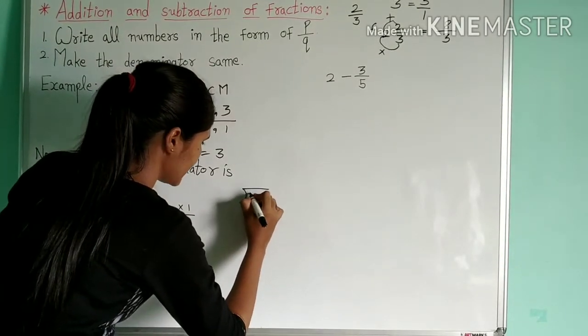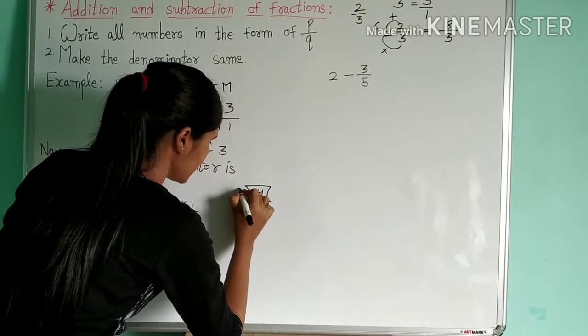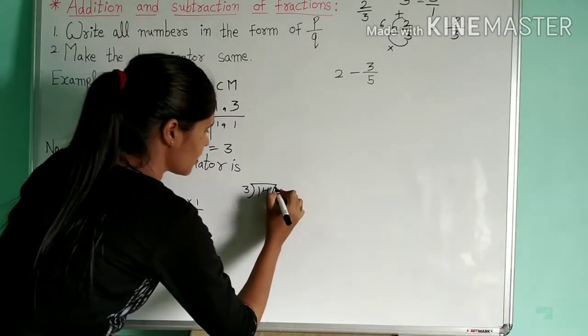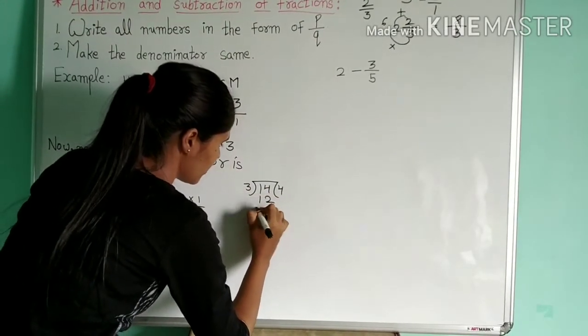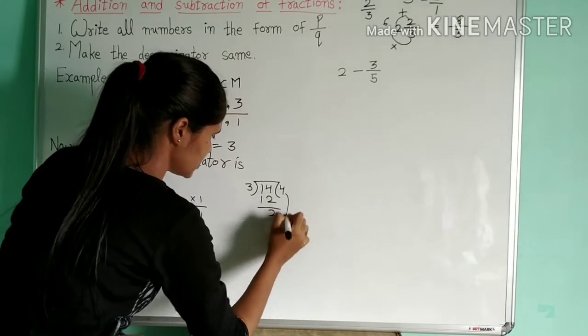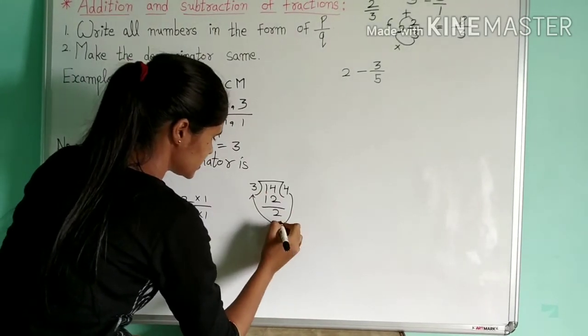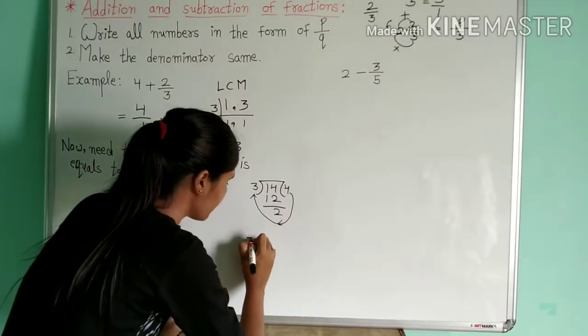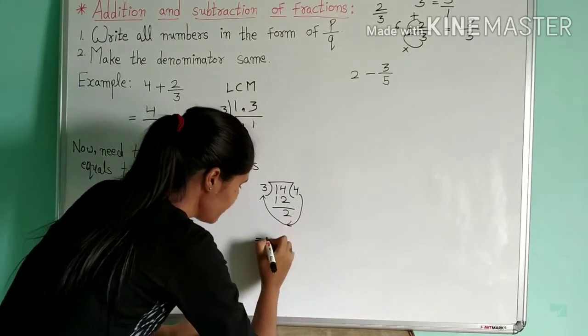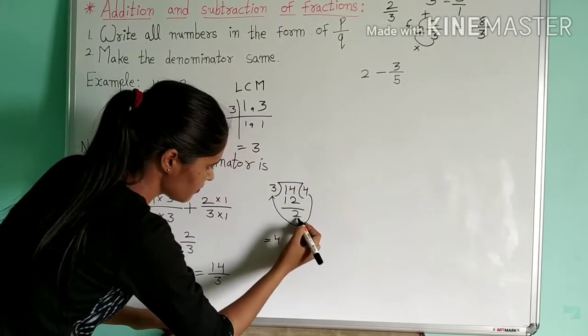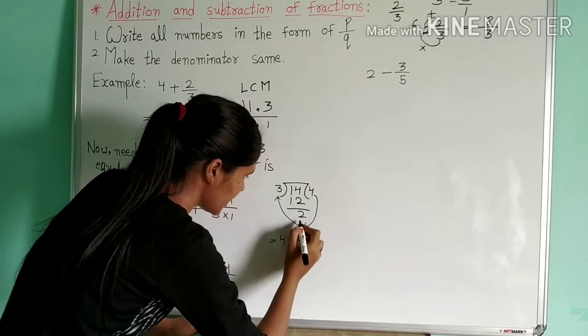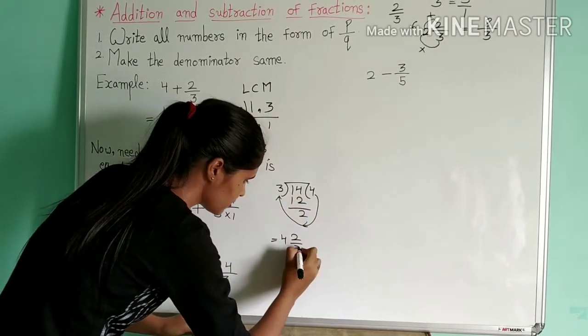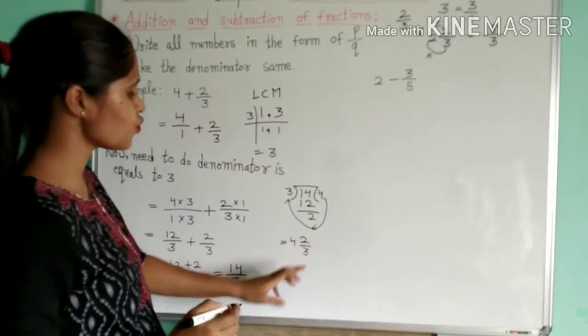We will divide 14 by 3. So 3 4s are 12. Remainder 2. Now see, we will move in this direction. First what will come? 4. Then what will come? 2. Then what will come? 3. So our answer is 4 2 by 3.